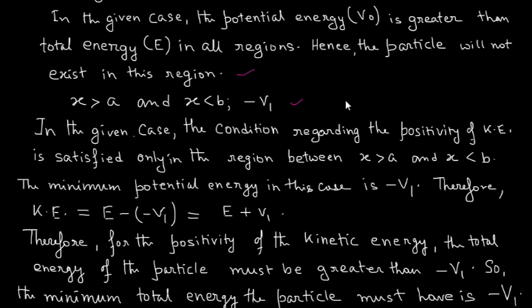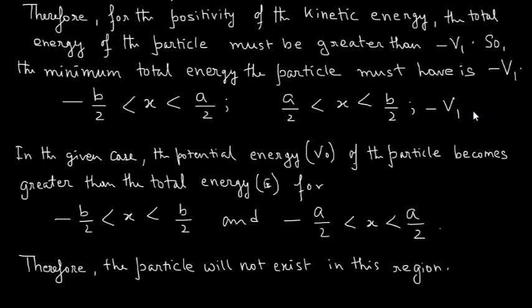Therefore, kinetic energy is equal to E minus (minus V1), which is equal to E plus V1. Therefore, for the positivity of kinetic energy, the total energy of the particle must be greater than minus V1. So the minimum total energy the particle must have is minus V1.